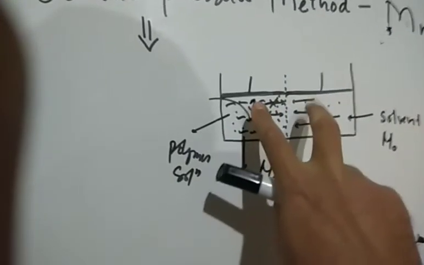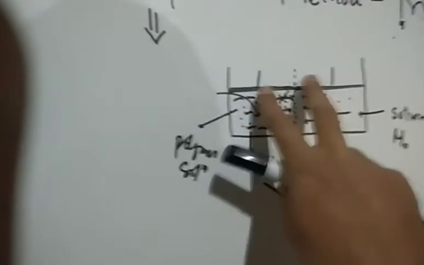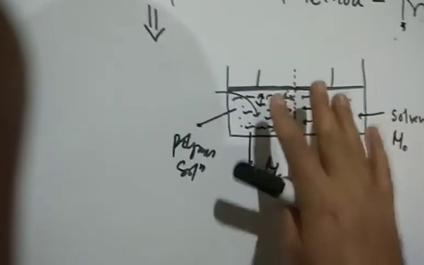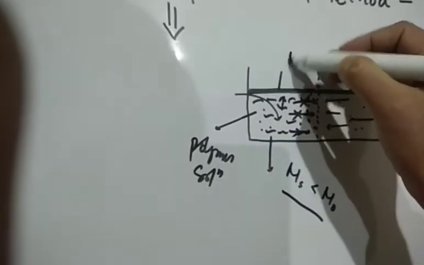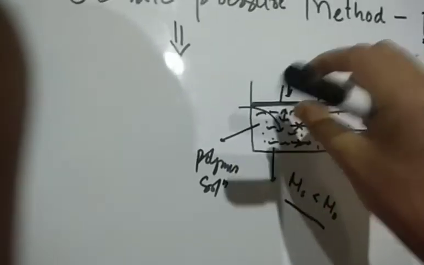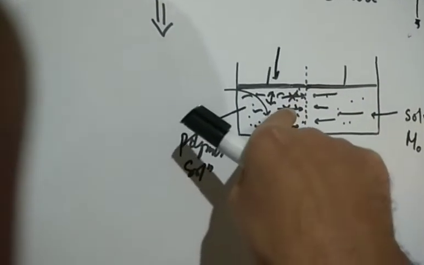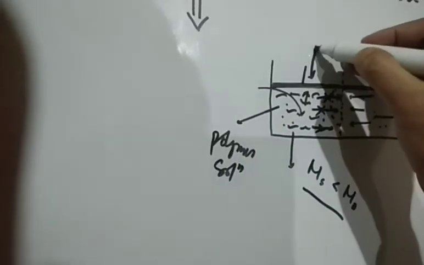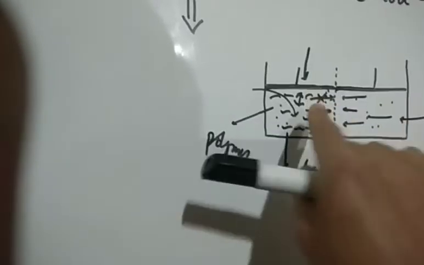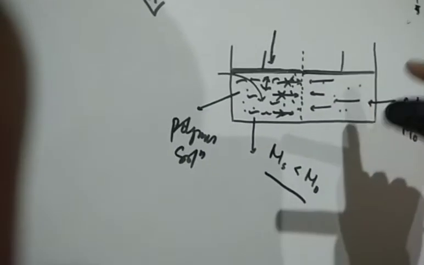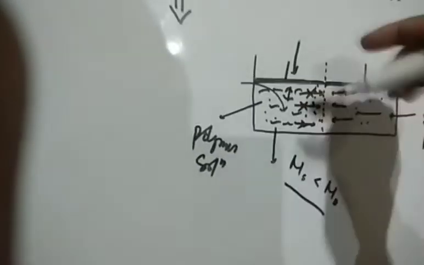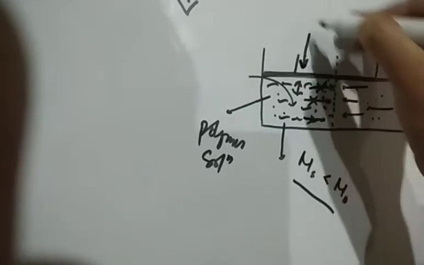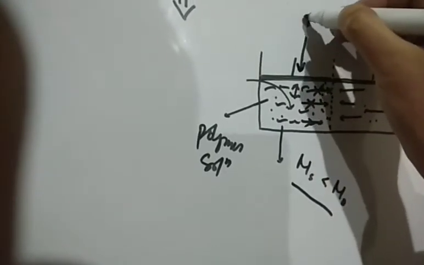Now, if we have to keep this system in equilibrium, we have to apply an external pressure from here, that amount of pressure that can prevent the movement of solvent from this side to this side. That external pressure required is denoted by pi.